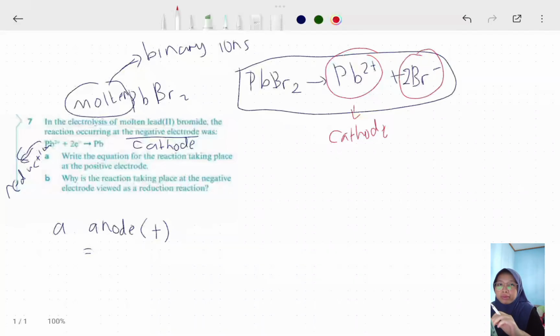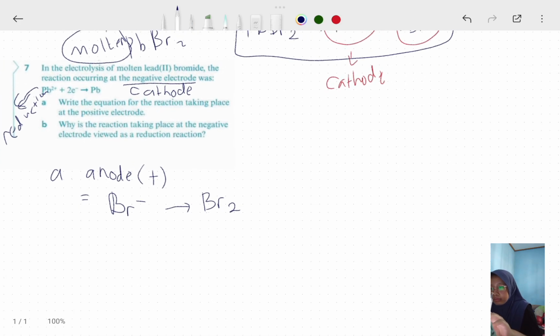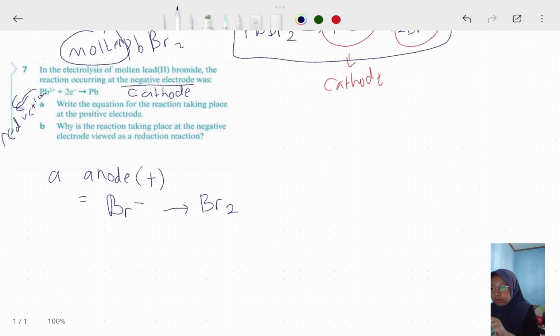So the ion that will react at the anode is Br-. Bromide ions gain electrons, I mean bromide ions lose electrons here.